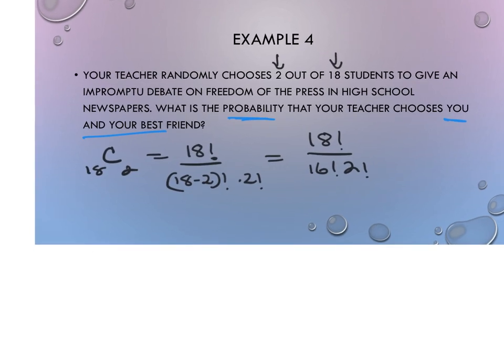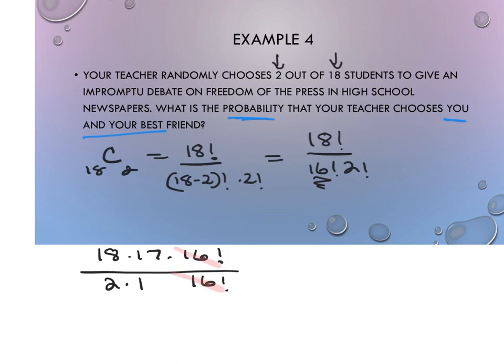And again, let me expand it out. 18 times 17 times 16 factorial. Move this 16 factorial underneath so I can cancel it, and then expand the 2 factorial. This is going to cancel. I can also simplify the 2 and the 18, change that 18 to a 9.